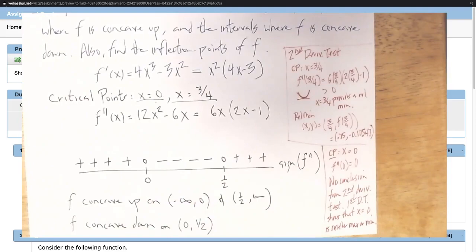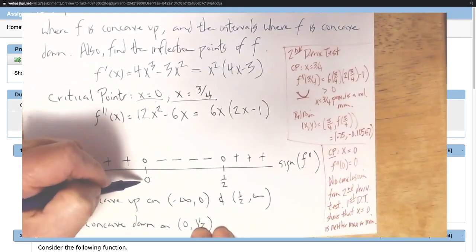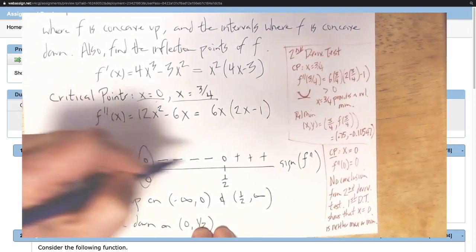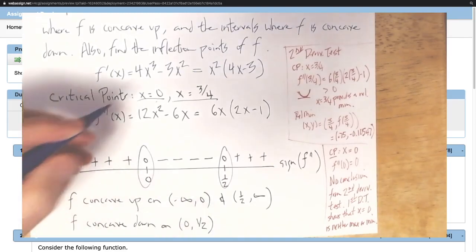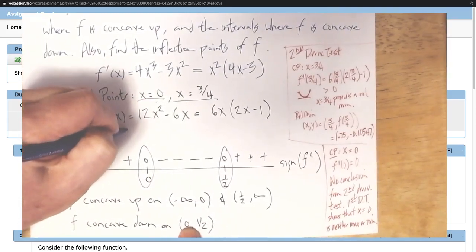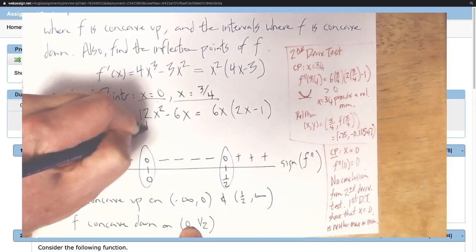And then finally, what about inflection points? Well, inflection points, again, are places where the concavity changes. And so the inflection points are going to occur at x equals 0, this guy, and x equals 1/2. And again, in WebAssign, this will be an inflection point here.